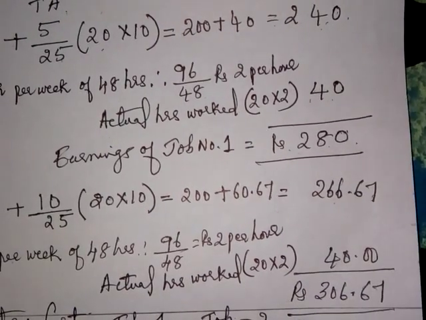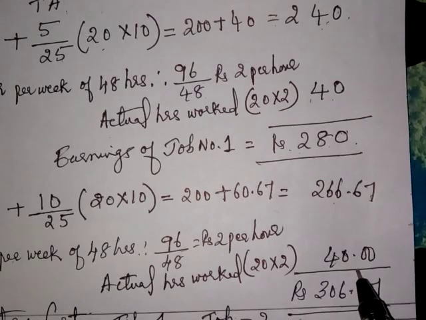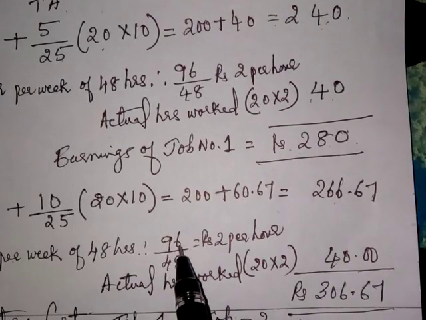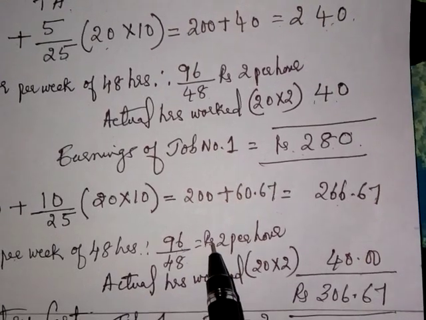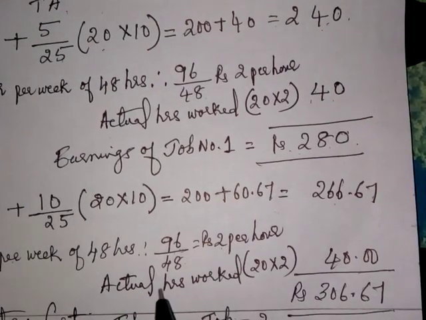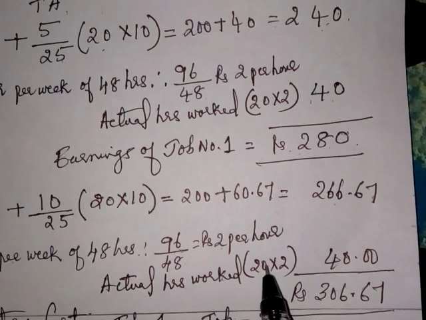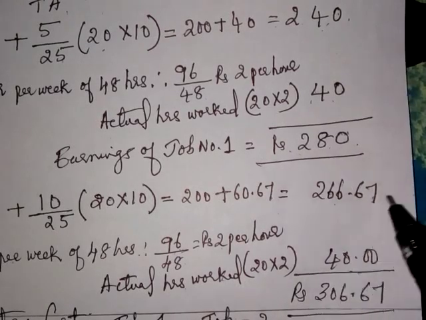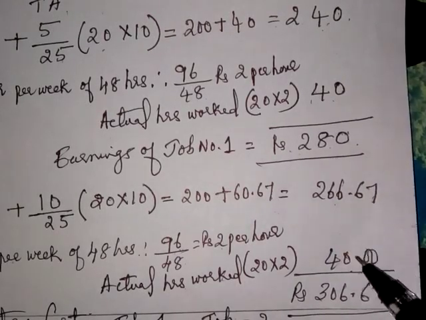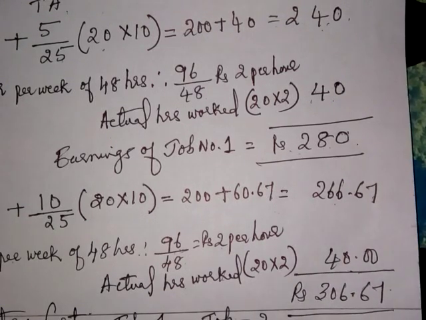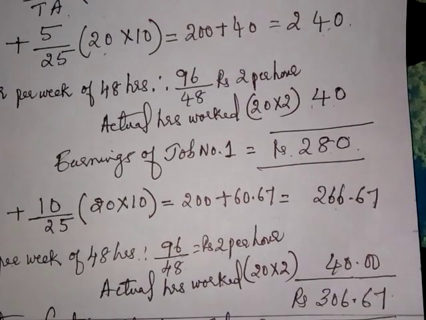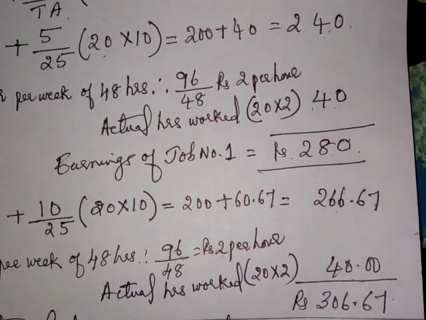Here also we need to add DA. For 1 week, 48 hours DA is 96, so DA per hour is 2 rupees. The actual hours worked is 20 into 2, 40 rupees DA. Including DA with earnings, the total comes to 306.67. So these are the earnings of job number 1 and job number 2 under Rowan's plan.